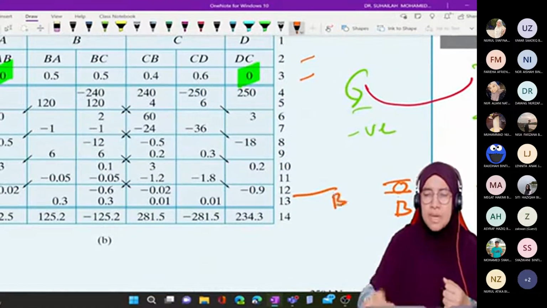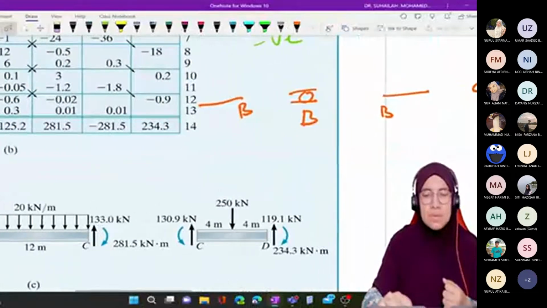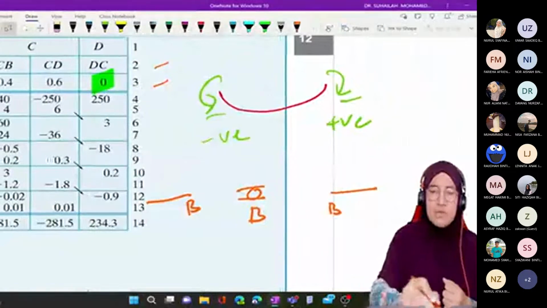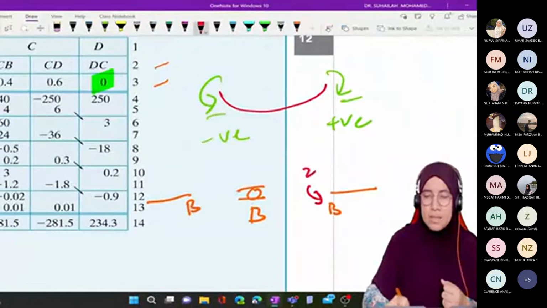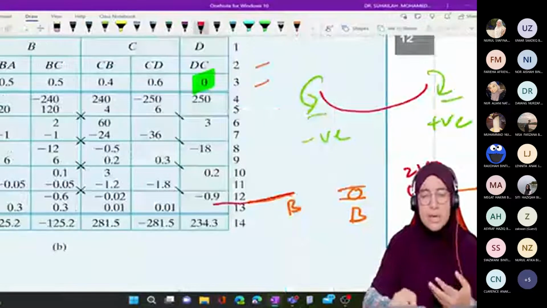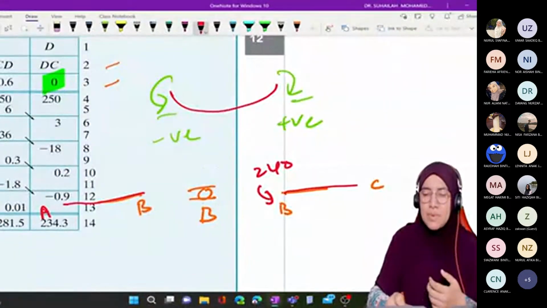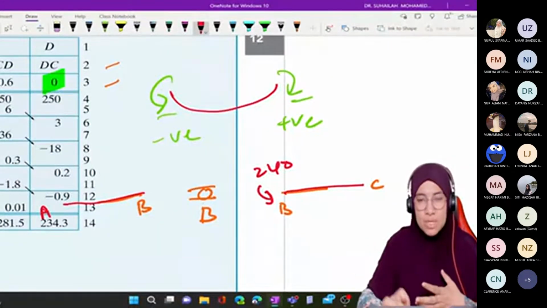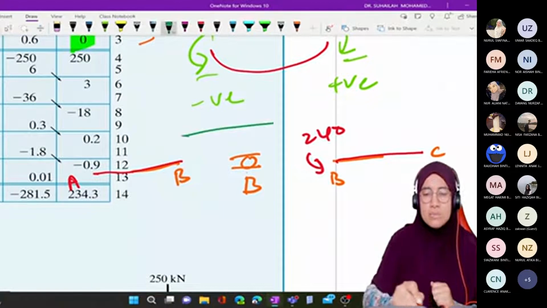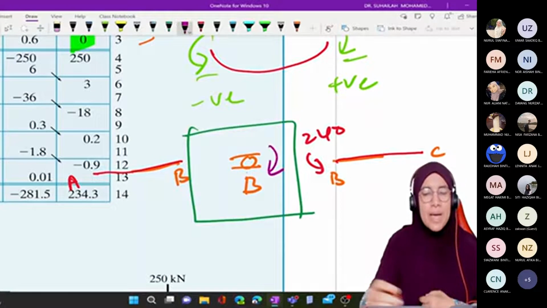This is B from A, and this is B from C. It is negative 240 here, and 0 here because for AB there is no FEM. For BC we get FEM negative 240 and 240. And the moment that we distribute is the joint moment, and the joint moment is opposite to the member end moment.